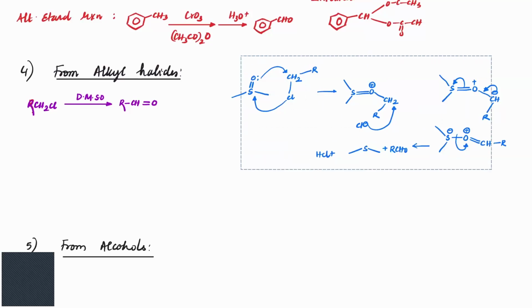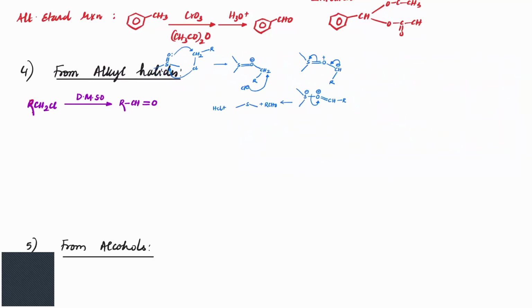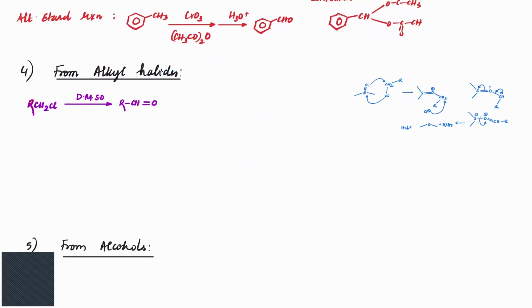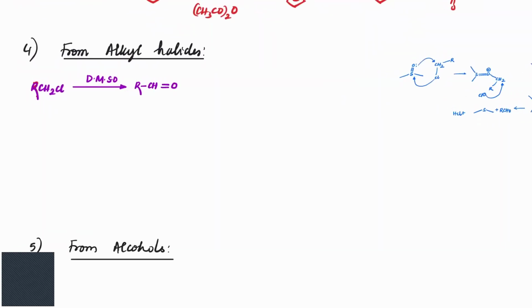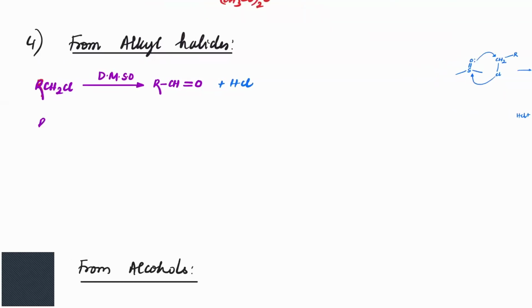Again, the mechanism is just for reference. Nobody is going to ask you what is going through it. You just need to remember the fact that DMSO will create aldehydes and HCl will come out of it. In case you have two halogens, that is geminal dihalides, that will be even better to make an aldehyde.